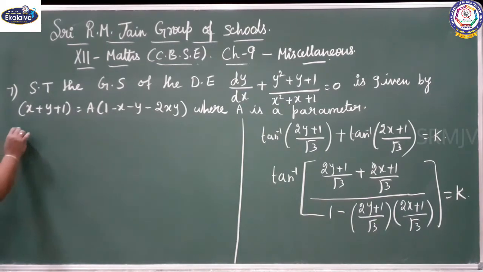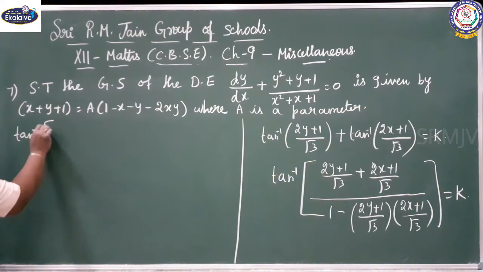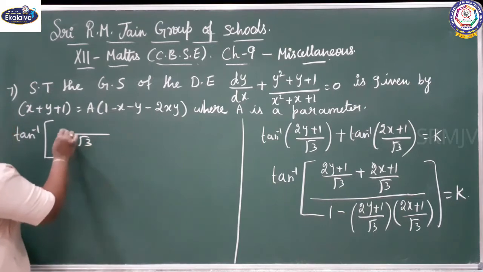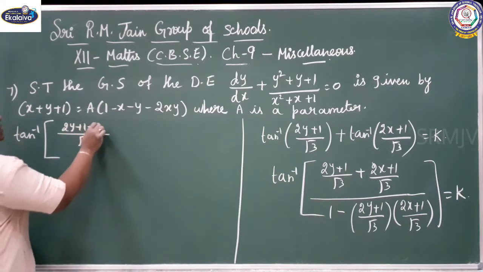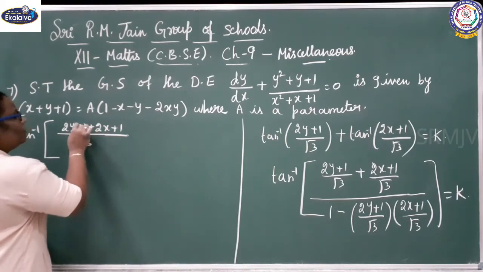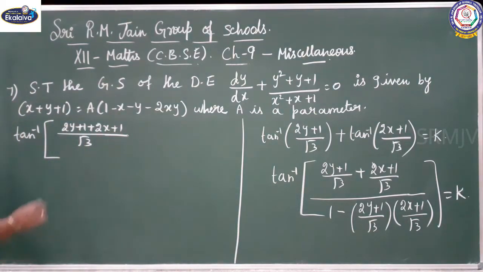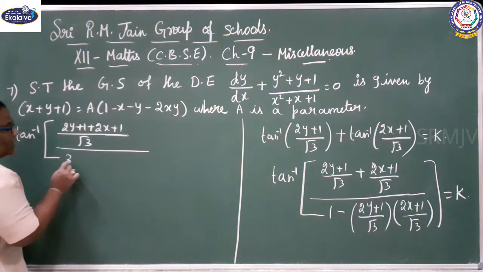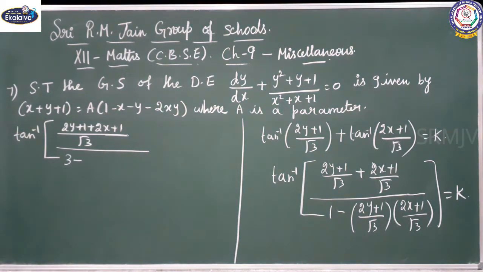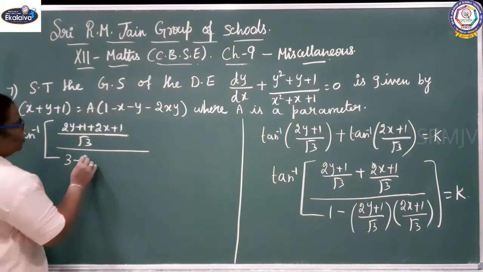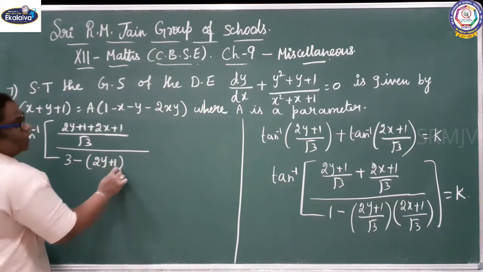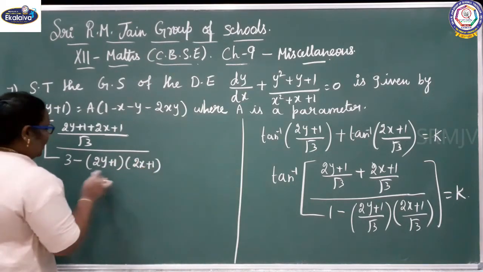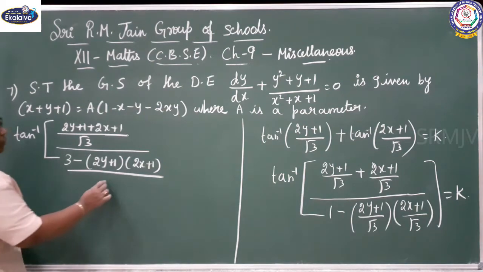See here, tan inverse of, you can take the LCM as root 3: root 3 into 2y plus 1 plus 2x plus 1, by the LCM root 3 into root 3, which is 3, minus 2y plus 1 into 2x plus 1, whole divided by root 3 into root 3 which is 3.